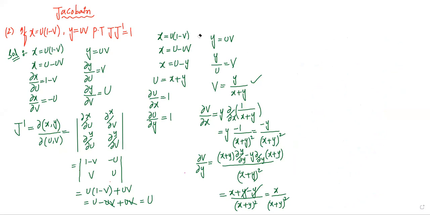Okay, let us continue this problem here. Finally, we are moving to find this Jacobian value, that is j, which is equal to the Jacobian of uv with respect to xy, which can be defined with the help of this determinant.